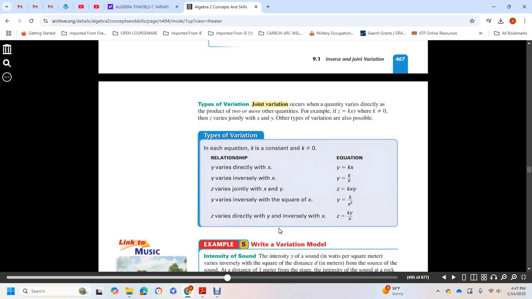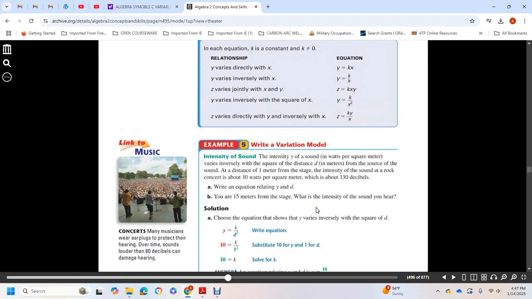Y varies inversely with the square of x when y is equal to k over x squared. Z varies directly with y and inversely with x, so z is equal to k times y over x.